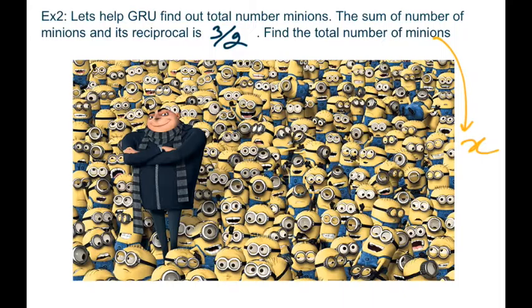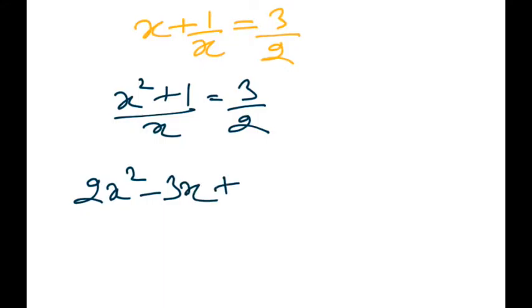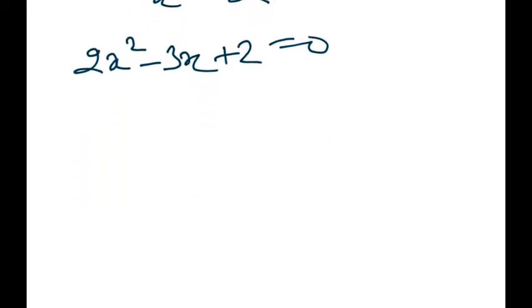Let's use the given condition: x plus 1 by x equals 3 by 2, which is nothing but x square minus 3x plus 2 equals 0.